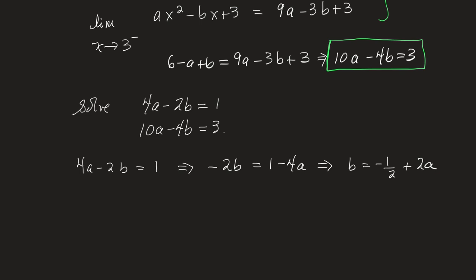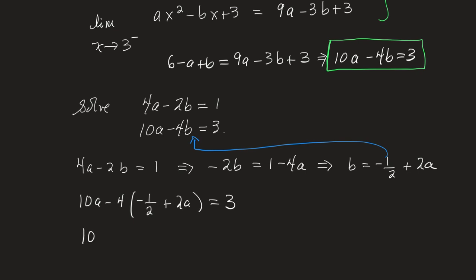Okay, and now I can plug that into the second equation. So that's the second equation. And so I get 10a minus 4 times minus 1/2 plus 2a is 3.